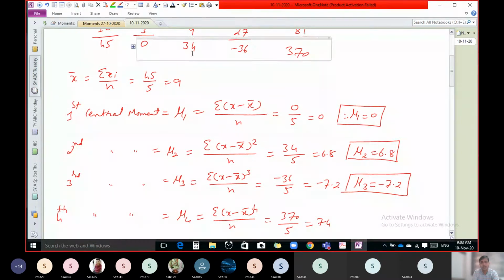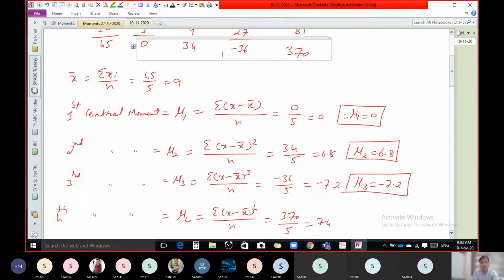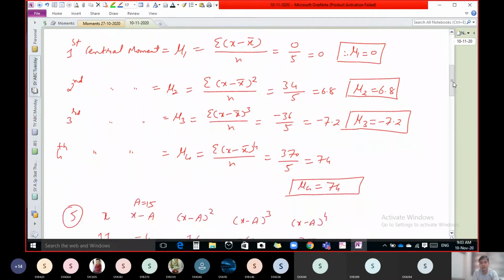So mu2 is 34 divided by 5, which is 6.8. Minus 36 divided by 5 is mu3, minus 7.2, and 370 divided by 5 is mu4, that is 74. So we get the first four central moments, mu1, mu2, mu3, mu4, in this way.